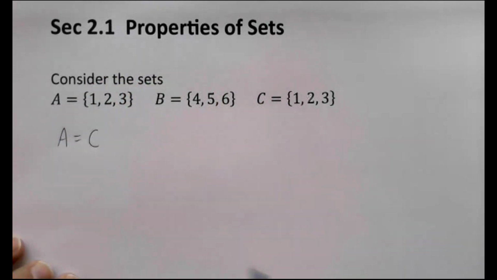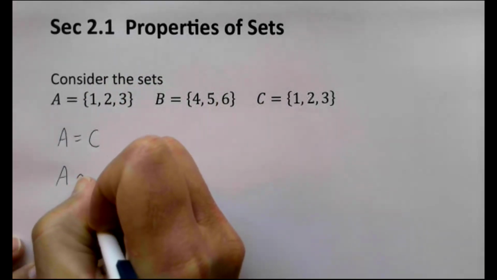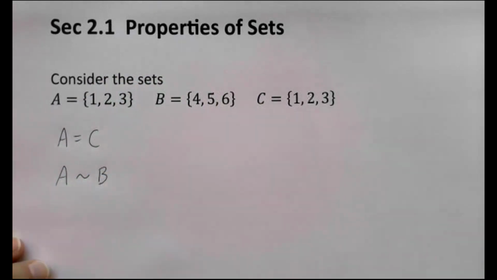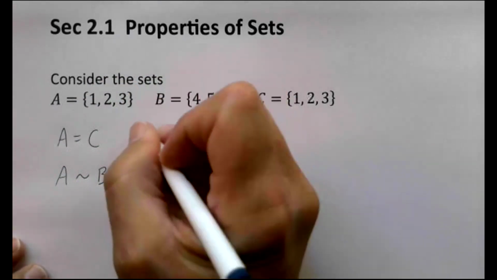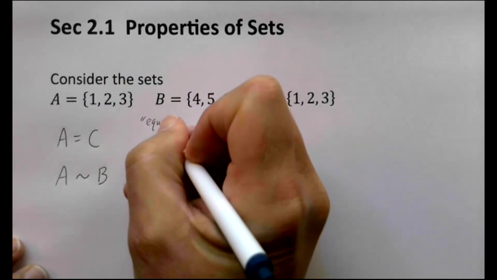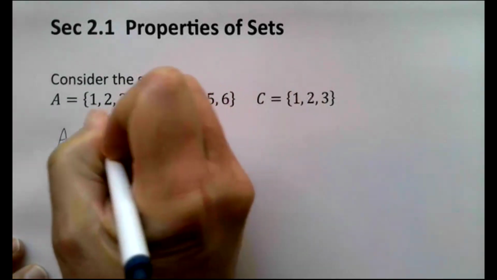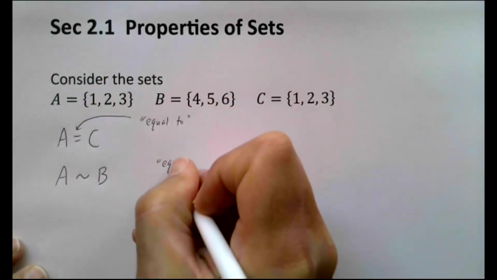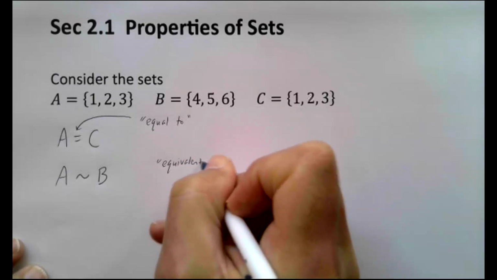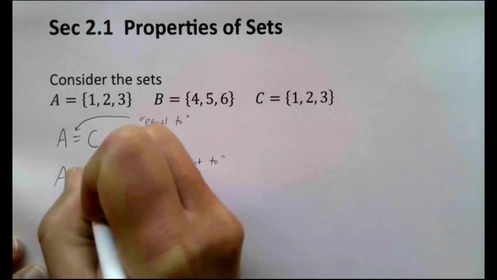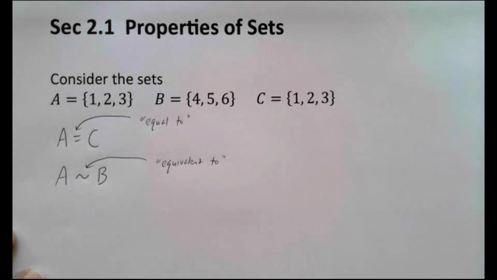I cannot say set A is equal to set B, but since they both have three elements, I can say that A is equivalent to B. So just be careful of that equal to versus equivalent to. It is also true that A is equivalent to C, but we can say something even stronger since they're exactly the same. We can say A is equal to C.